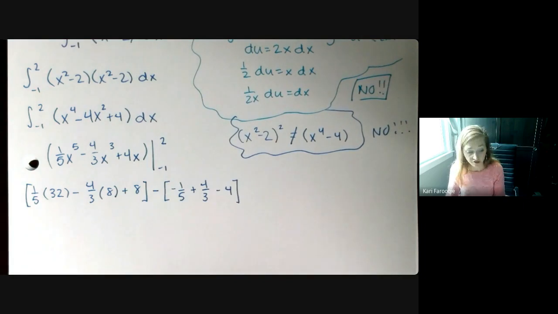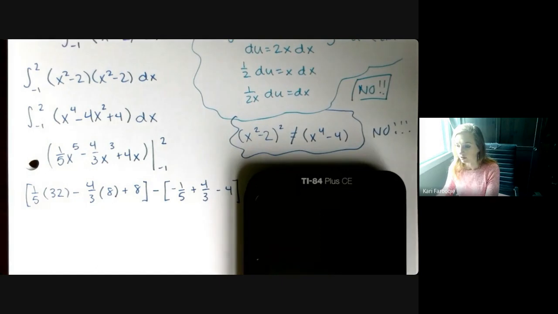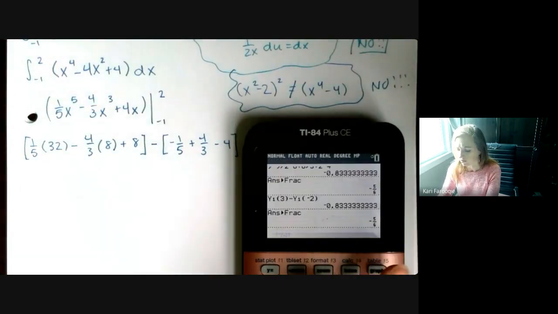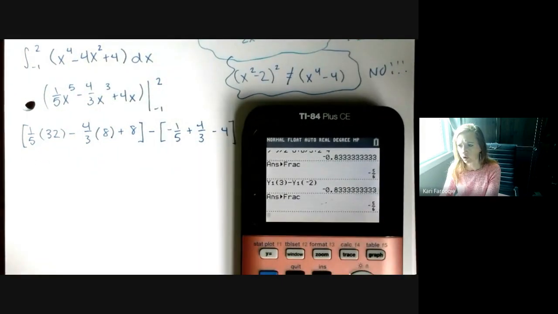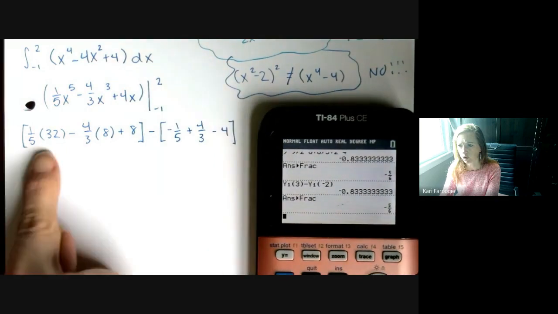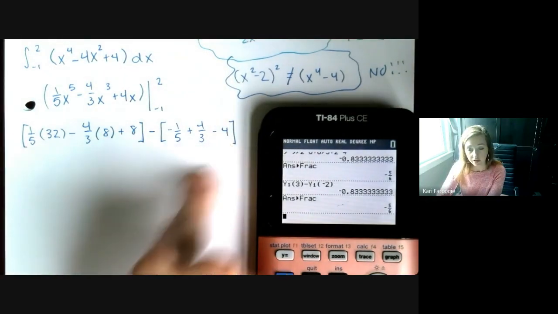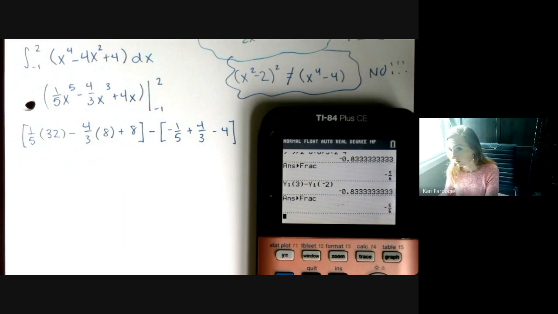And now I'm just going to simplify. Usually at this step, I just start to put things into my calculator because it just turns into a lot of fractions, and it's just a lot of work by hand that I don't need to do. So I usually evaluate both of these, and then I use my calculator to simplify the expression. So I have 32/5 minus 32/3 plus 8.